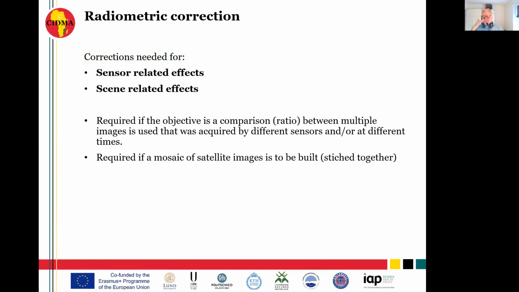Satellite data may also need to be corrected for sensor-related effects and scene-related effects. That's something that is called radiometric correction.